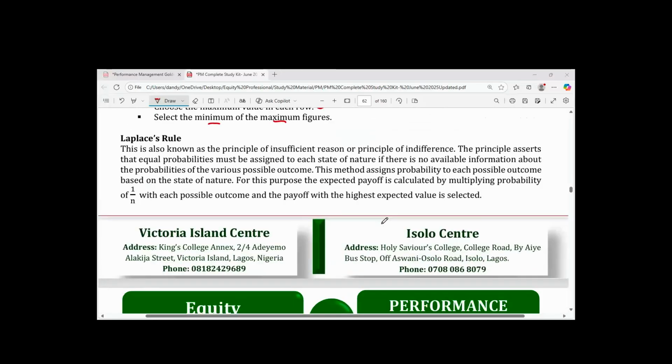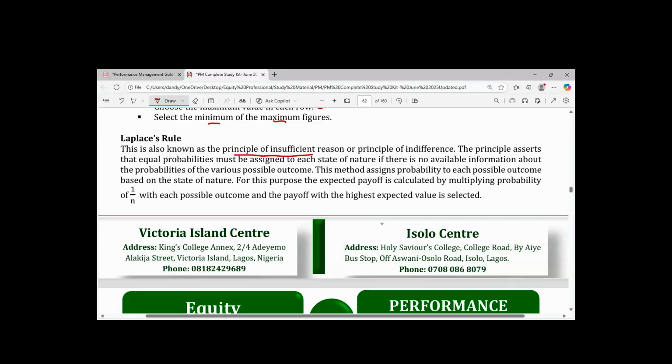Now, the last one is the Laplace-Bayes theorem. Under the Laplace, it is also known as the principle of insufficiency or principle of insufficient reason. The principle asserts that equal probability of occurrence should be assigned to each state of nature if there is no available information about the probability of the possible outcomes.